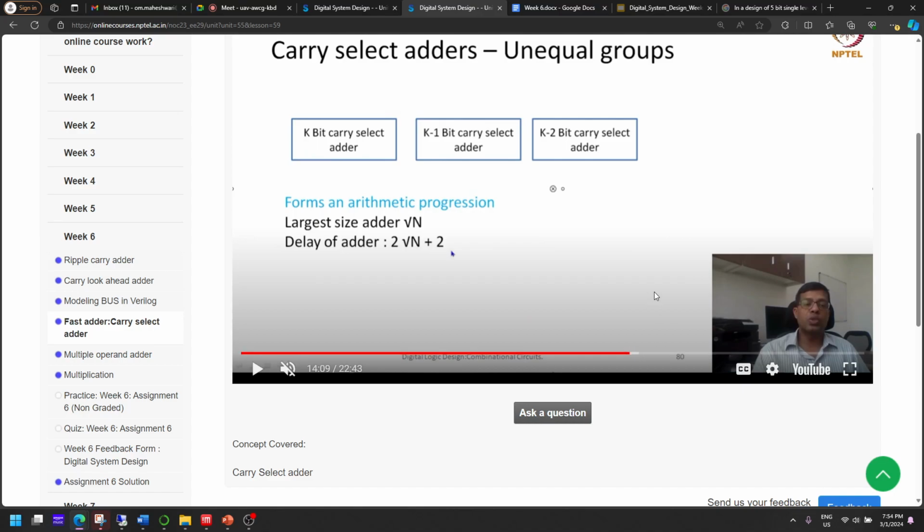So if you remember, for carry select adder of unequal groups, you need the largest adder of root n size and the delay of the adder is 2 root n plus 2. So this is explained in the fourth video of this week.